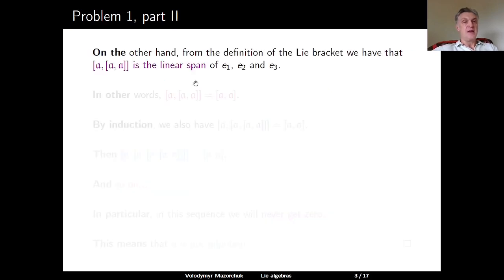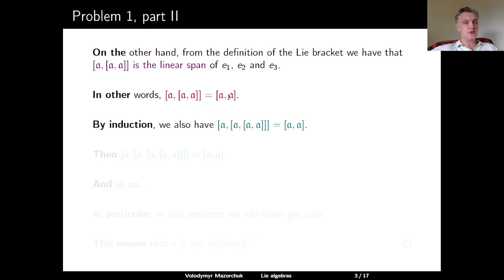On the other hand, if we take the Lie bracket of A with the Lie bracket of A and A, we will get the linear span of E1, E2, and E3. This is because H is in A, and all Ei are in the commutant of A. In other words, the bracket of A with the bracket of A and A is equal to the bracket of A and A. And by induction, if we iterate this process, the bracket of A with the bracket of A with the bracket of A and A is still equal to the bracket of A and A, and so on.